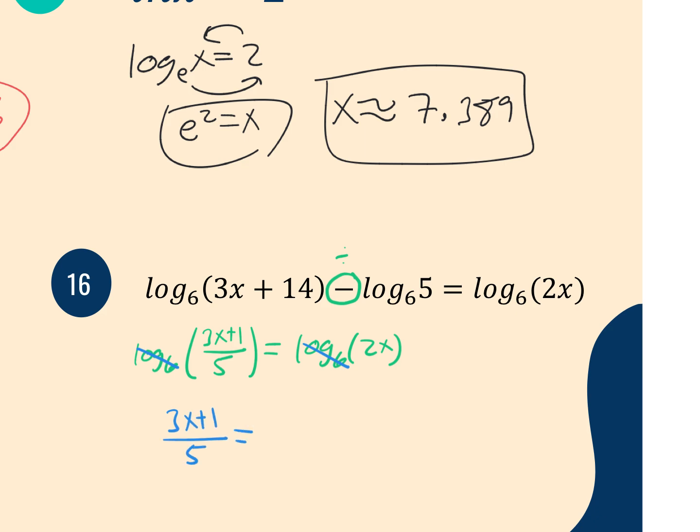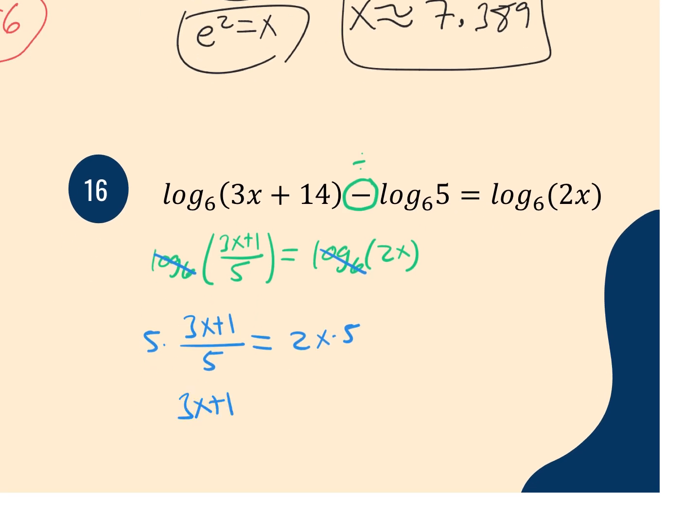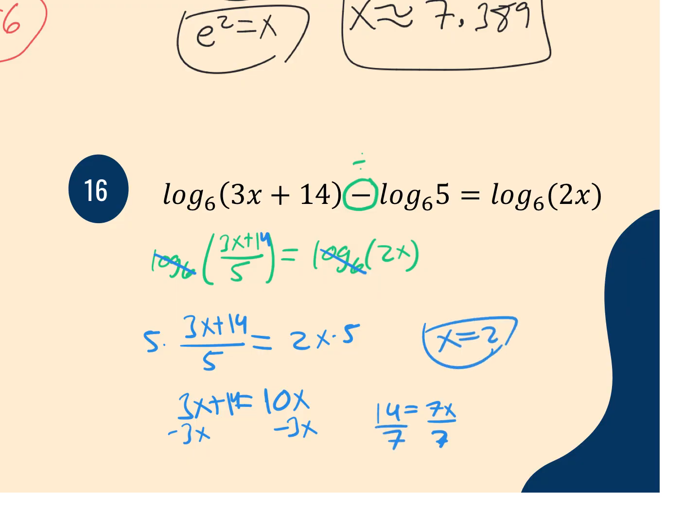Then we're left with this easy equation to solve. I get (3x plus 1) over 5 equals 2x. Multiply by 5 on both sides, and we get 3x plus 1 equals 10x. Subtract 3x on both sides, and we get, oh, I don't know why I wrote 1, it's 14. So 14 equals 7x, divide by 7 on both sides, and I get x equals 2. When I plug it back into the x's, you only get positive numbers, so x equals 2 is a valid solution.